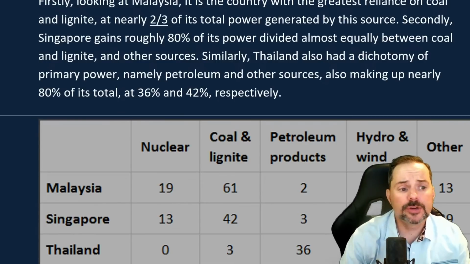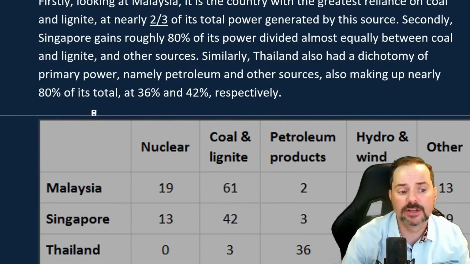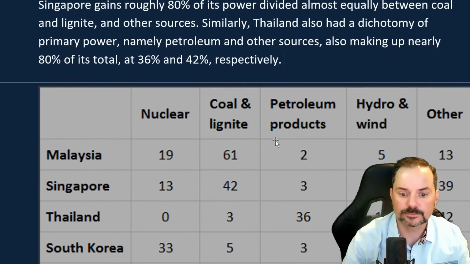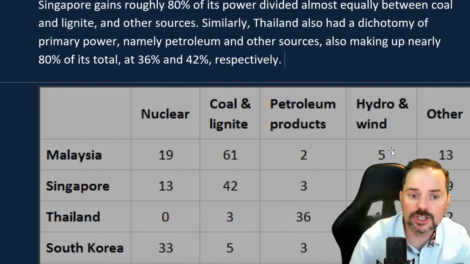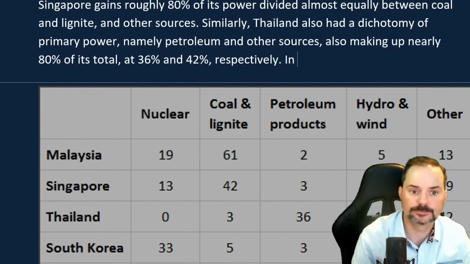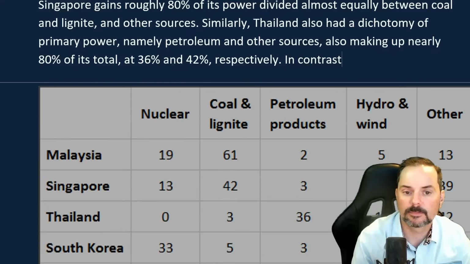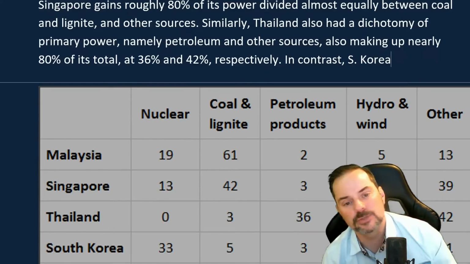Okay, so notice how smoothly I'm moving along here, right? So I've done Malaysia, I've done Singapore. Now I'm on to South Korea. Okay. In contrast, right? South Korea, notice how I don't even write South. So I abbreviate South.